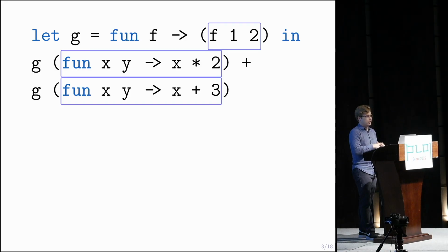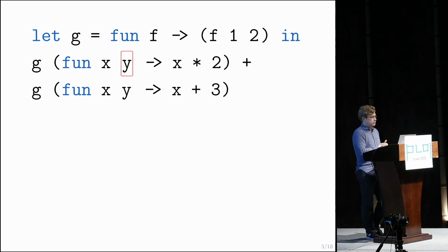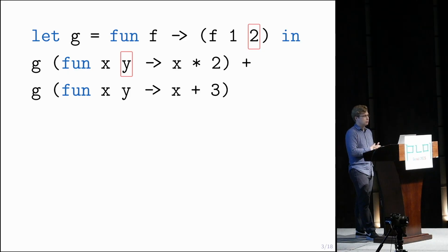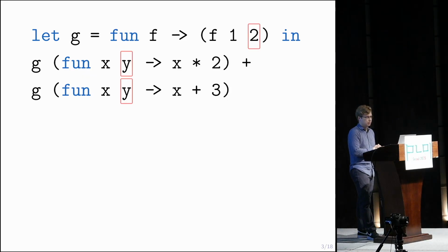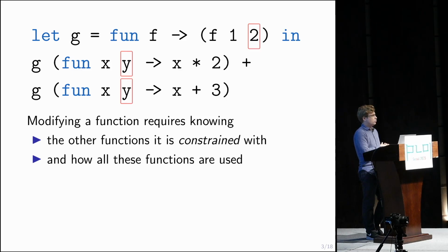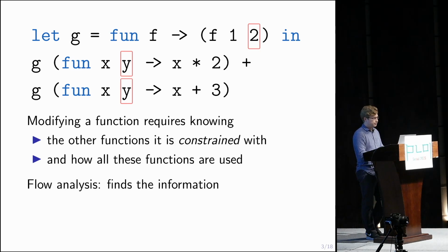So instead of having one function, we have two functions, and now they functions that it's constrained with because it shares call sites. And it also involves you knowing where those call sites are.